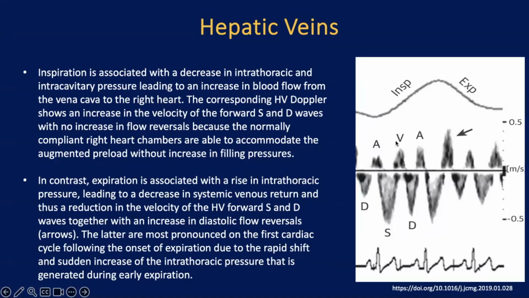It will change normally with respiration. Whenever we inhale, there will be negative pressure in the chest, so there will be more forward flow, the S and the D. With expiration, there will be less forward flow. And the first V wave will be a bit prominent, which is part of the normal.